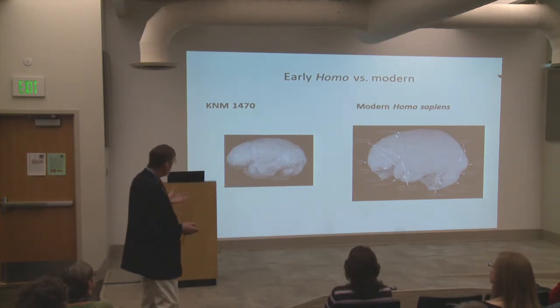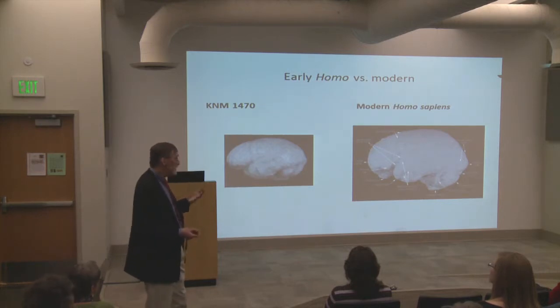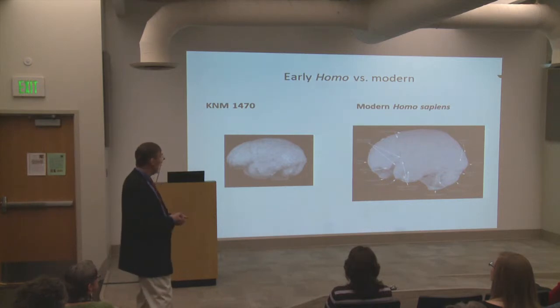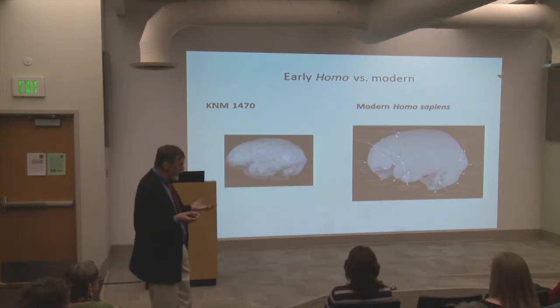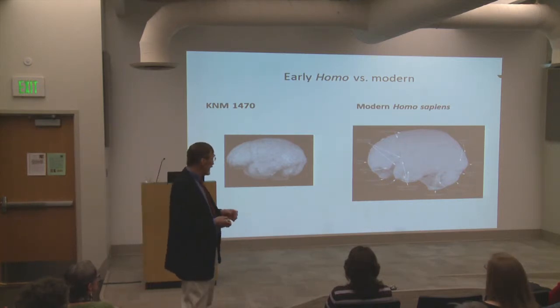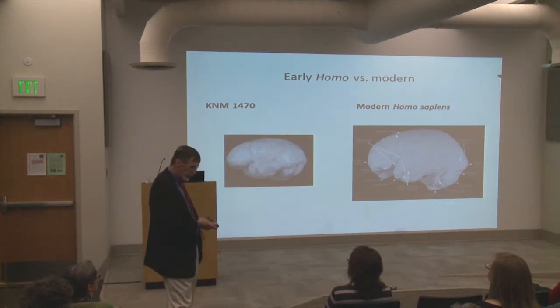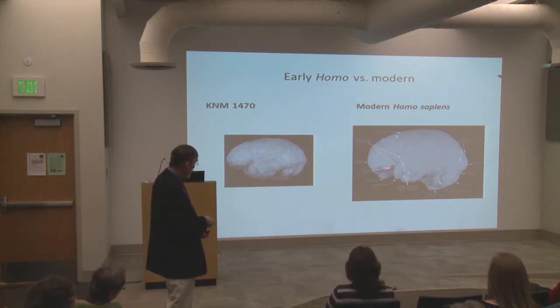Doesn't sound very exciting. We can do some things in terms of cerebral asymmetry, that is the general asymmetry of the lobes of the brain. And some in paleoneurology think they can do a bit more than that. For example, some think they can identify a structure called Broca's area, or Broca's cap, which is right here. And if you look on this one, you see it has one too.